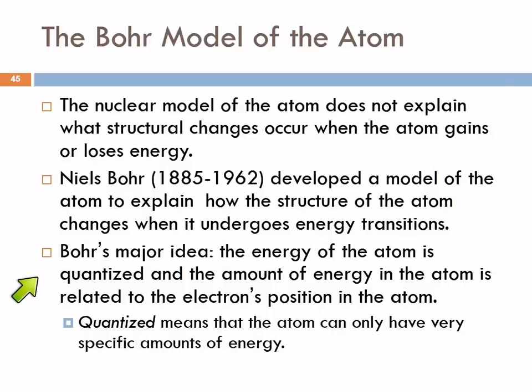So his idea was that the energy of the atom is quantized, and that the amount of energy in the atom is related to the electron's position in the atom. And what quantized means is that there's only specific amounts allowed. It's a little bit like stairs. If you climb a set of stairs, you can be on the first step, you can be on the second step, on the third step. There are only certain positions allowed.